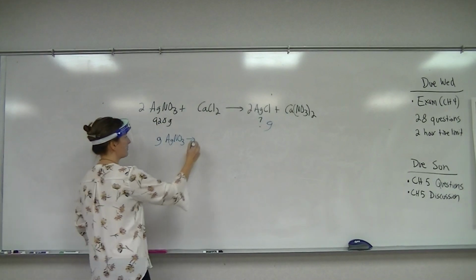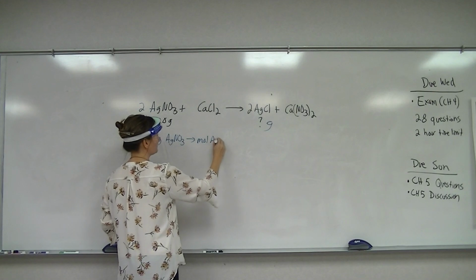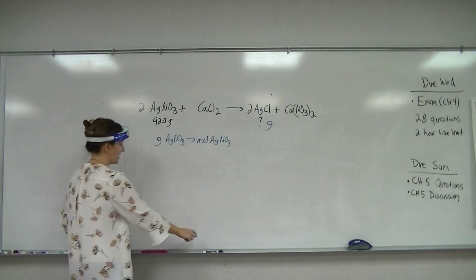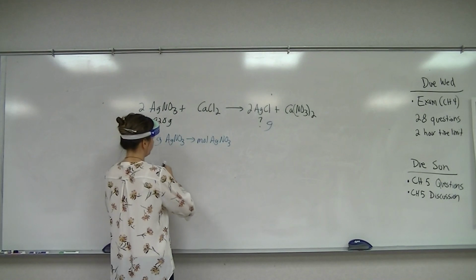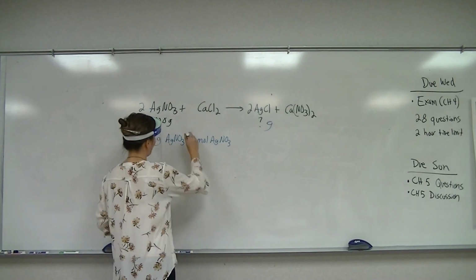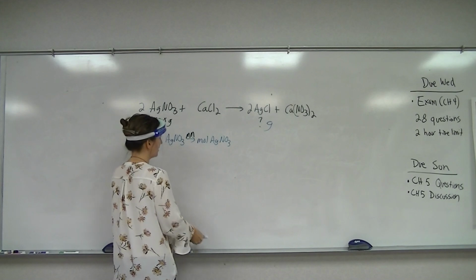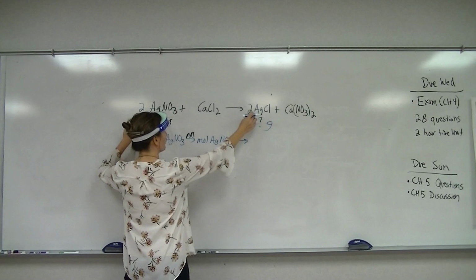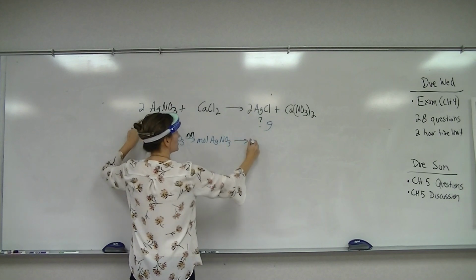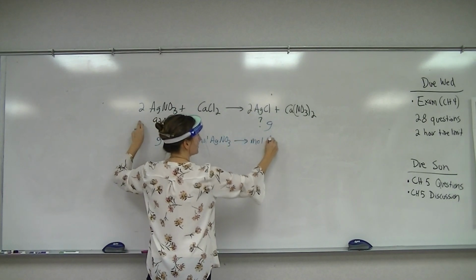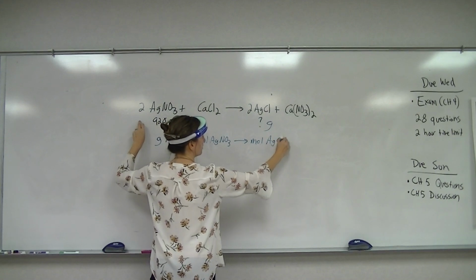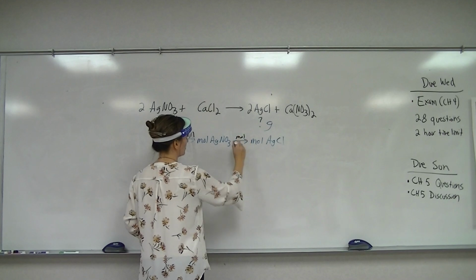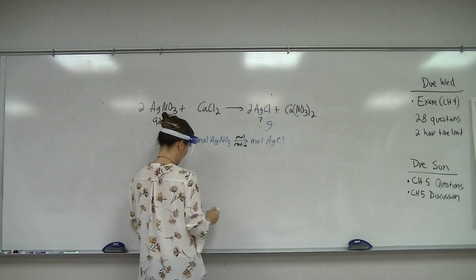So my very first step is always to get it in moles. To go between grams and moles, I'm going to need the molar mass. Once I have moles, now I can compare the two. So I can figure out my moles of silver 1 chloride by using a mole ratio, those coefficients in front of each.